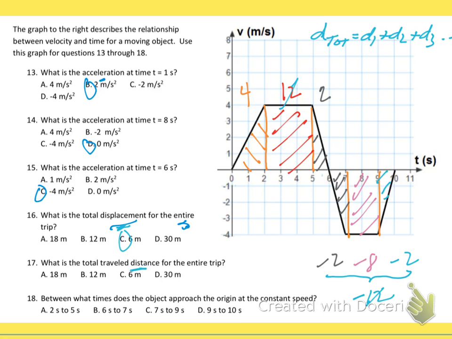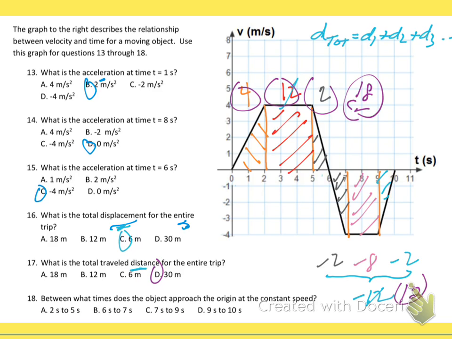So we have 4 plus 12 plus 2. That would be a total of 18. And a total of 12 here. So 18 plus 12, and we're going to have 30 meters.